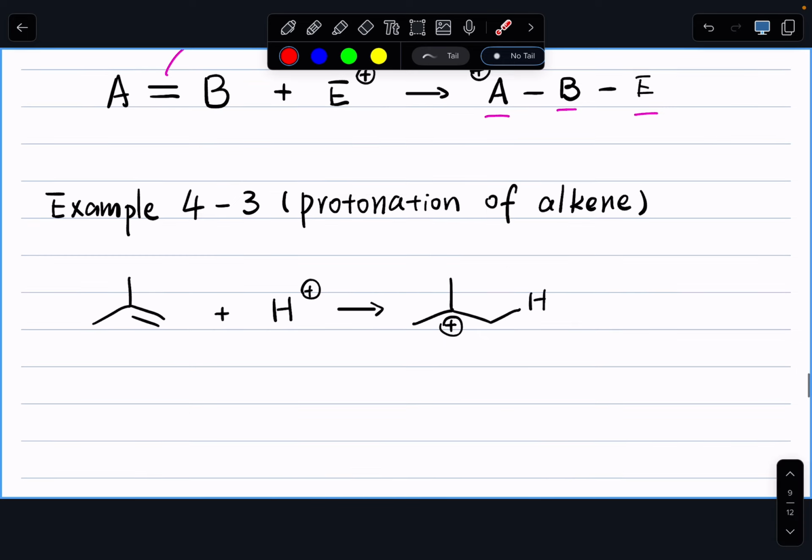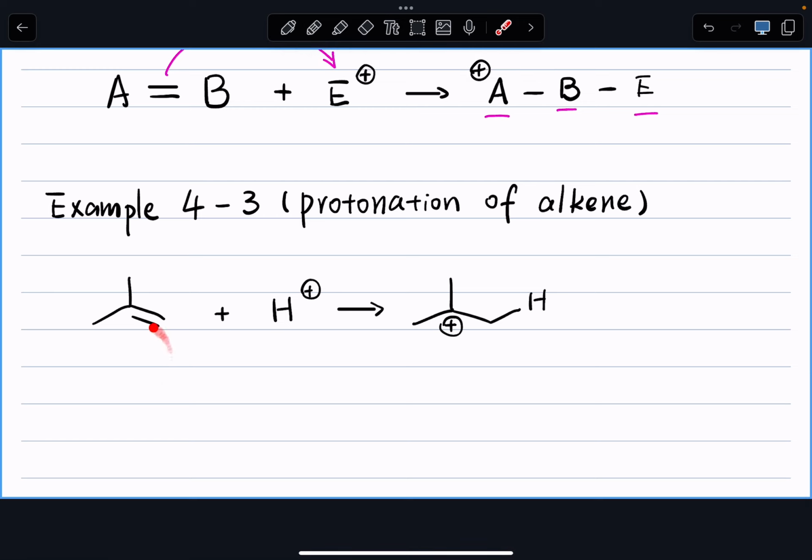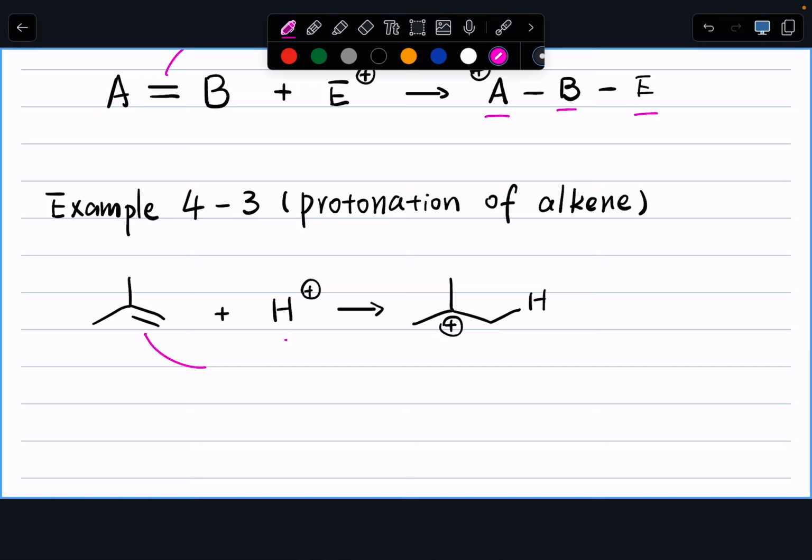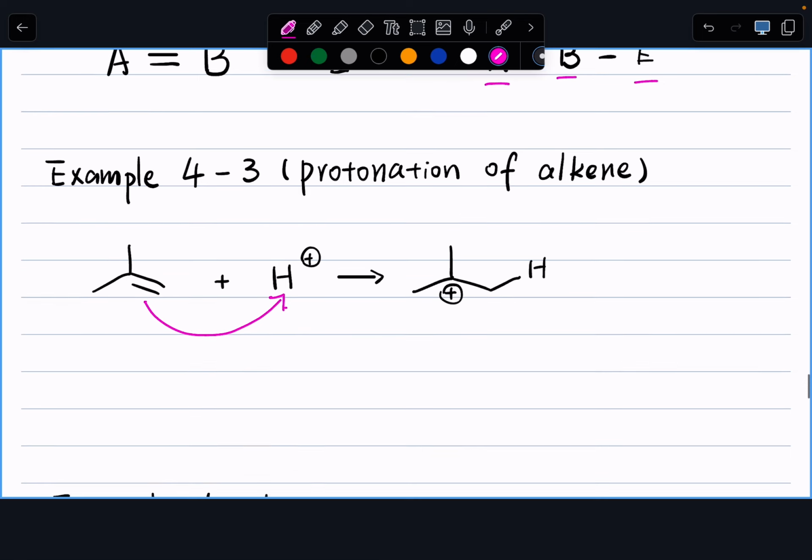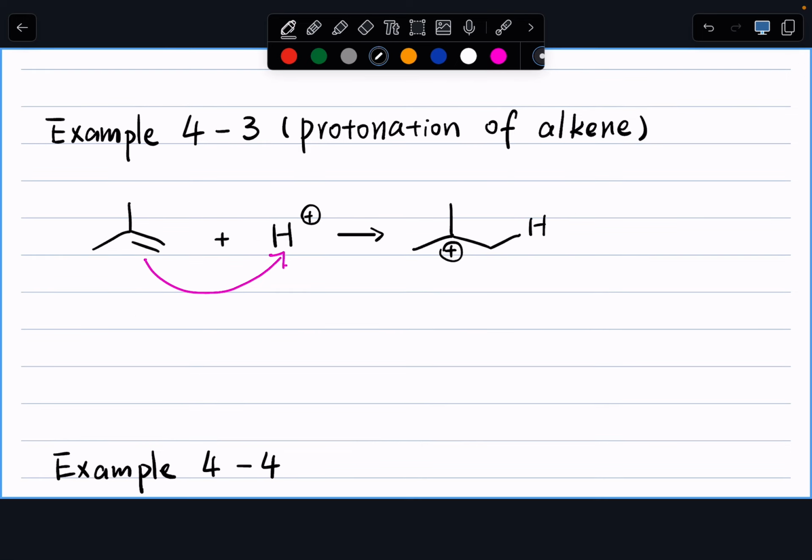All right, so for example, if we have an alkene like this, we have a proton. In this kind of reaction, my double bond is my nucleophile, my proton is my electrophile. So when doing the arrow pushing, we can potentially form two different products, having the hydrogen adding onto the terminal position or the internal position.